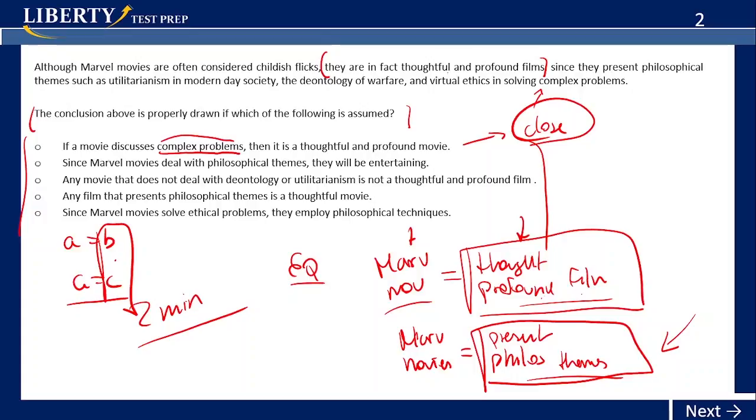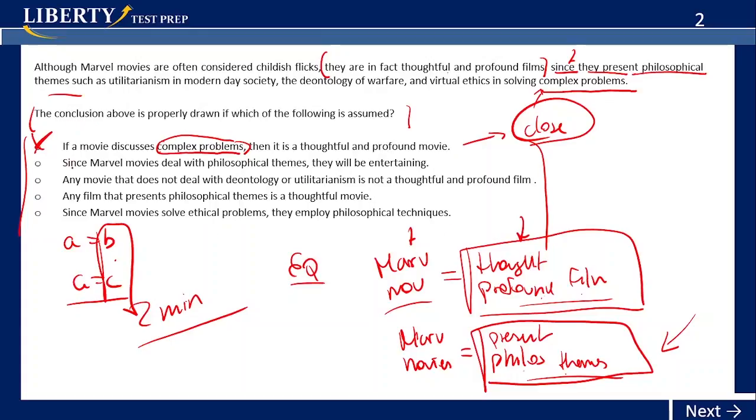What makes a movie thoughtful and profound, according to the author, is not the complexity of the problems, it's the presentation of philosophical themes. And that's here: since they present philosophical themes, then they are in fact thoughtful and profound films. So the complex problems come at the end. That's one example, but that's not the main thing, that's not what makes this movie thoughtful and profound. Close, but not the answer.